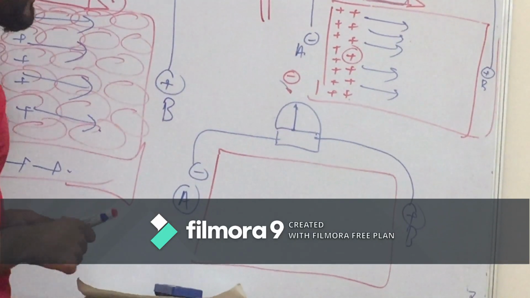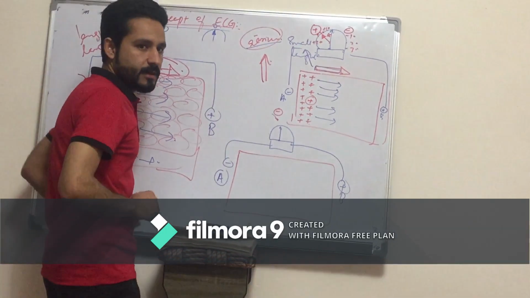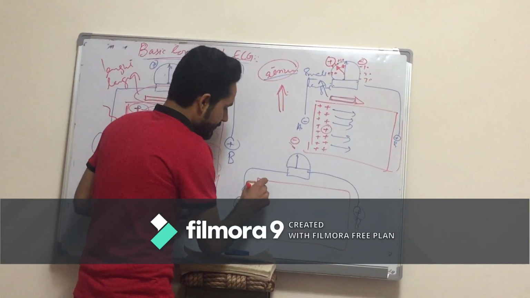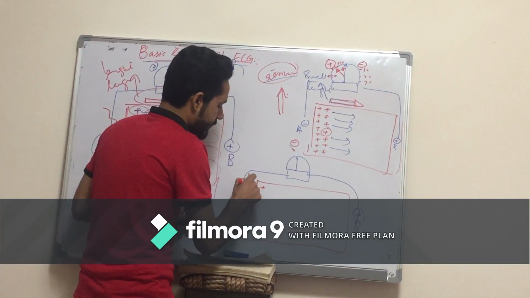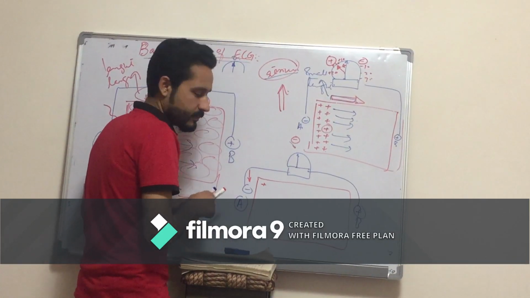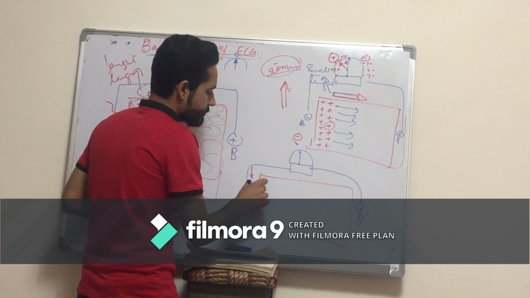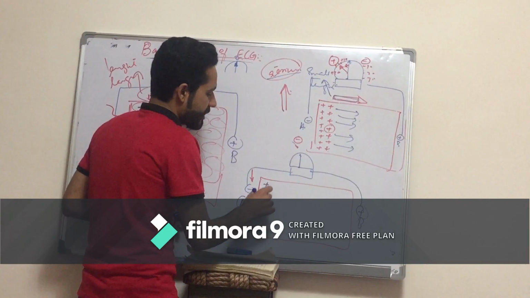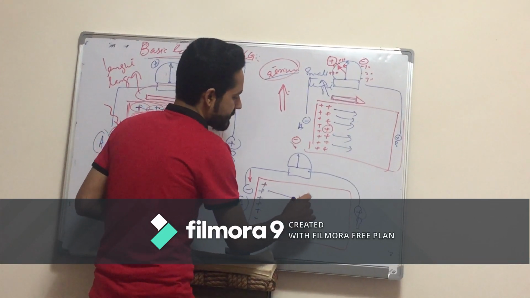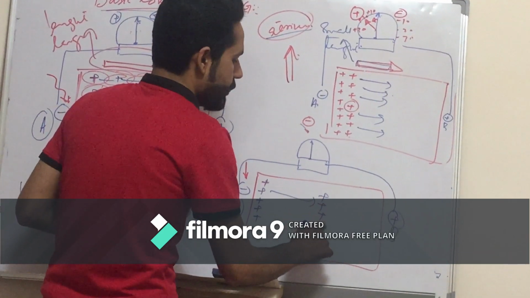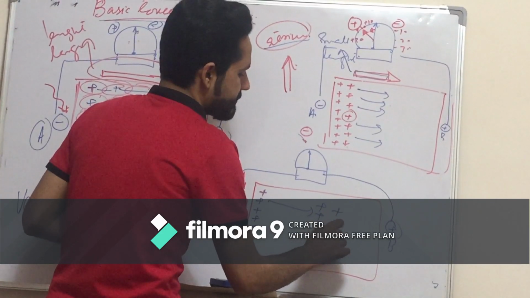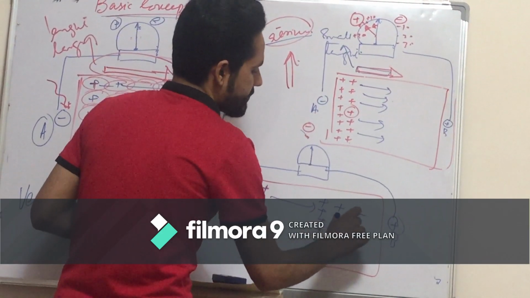As we have already studied, when the myocardial cell is stimulated at point A, the positive charge will move towards this side, toward the positive.